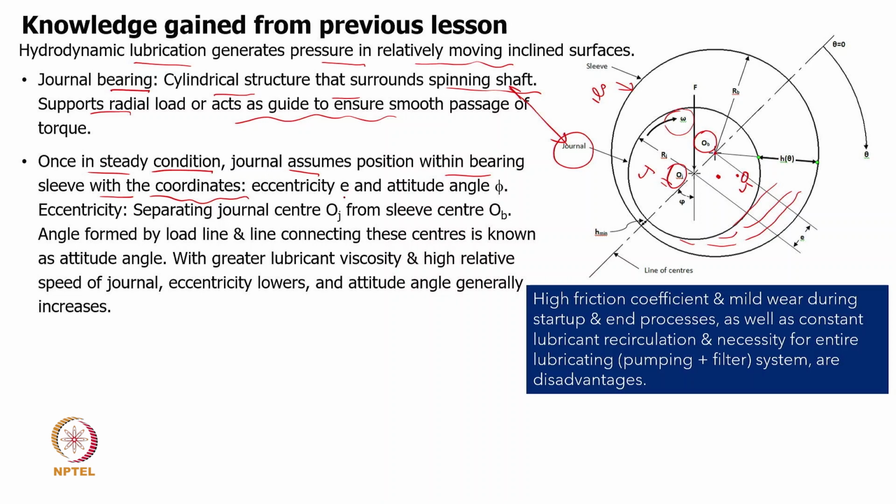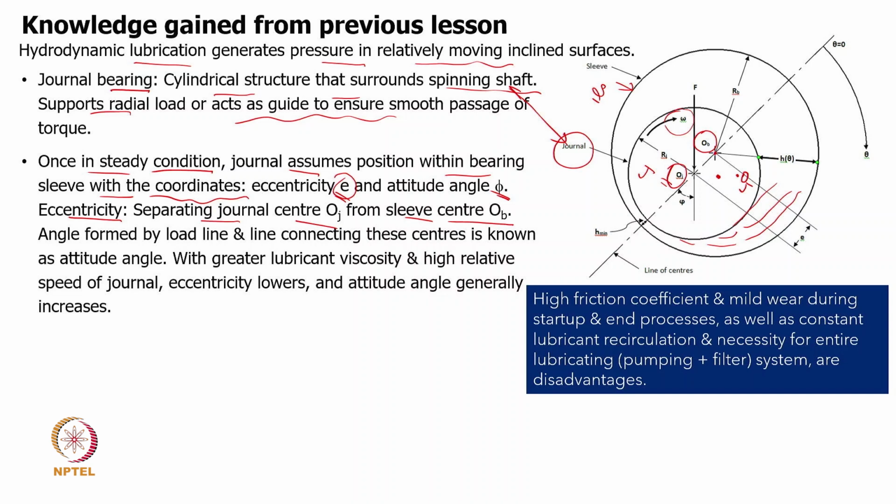We are using radial coordinates, in this case the eccentricity ratio or eccentricity, and the attitude angle. We already know the eccentricity is the gap between the journal center and bearing center, and that's why we write here that eccentricity separates the journal center OJ from the sleeve center OB. So this is the gap.